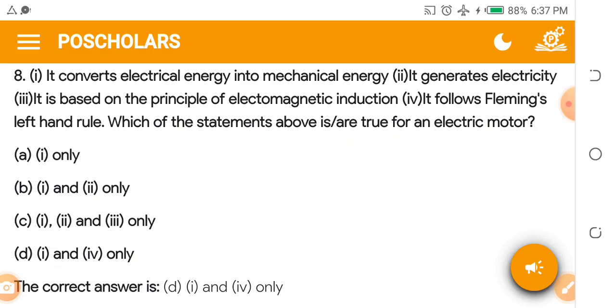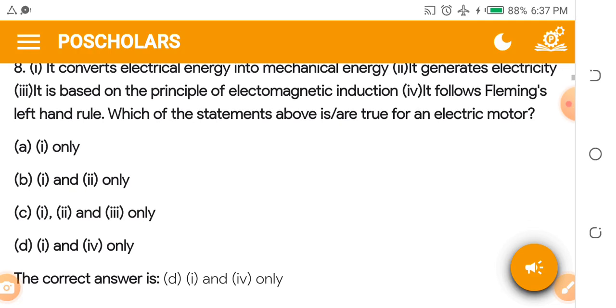I, it converts electrical energy into mechanical energy. II, it generates electricity. III, it is based on the principle of electromagnetic induction. IV, it follows Fleming's left-hand rule.